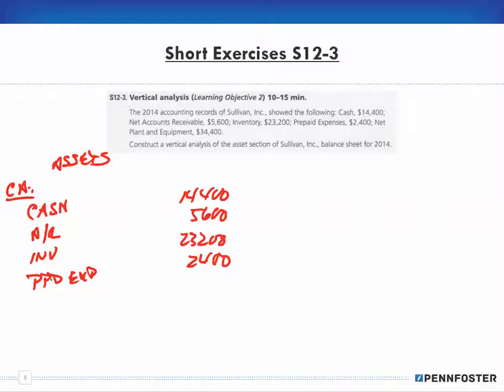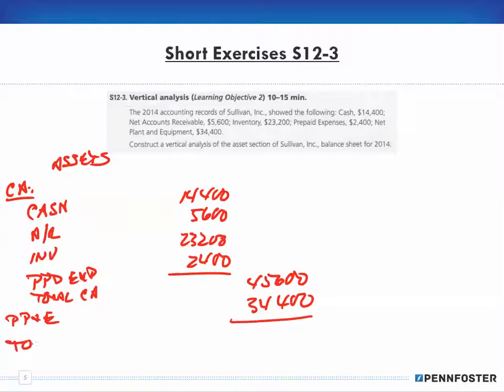And so that means my total current assets are 45,600. And then I have property, plant, and equipment. And my property, plant, and equipment is 34,400. And so that gives me total assets of 80,000.